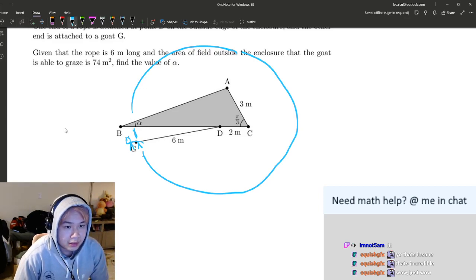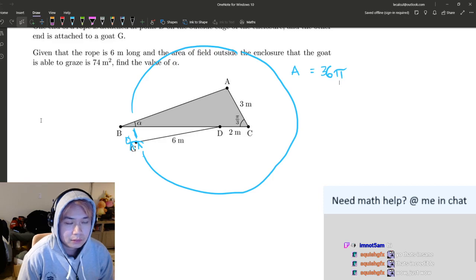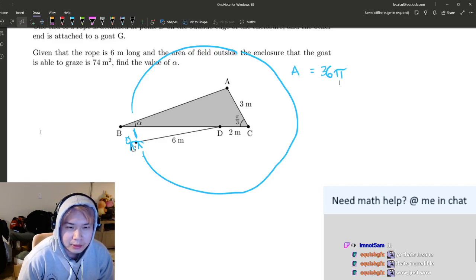The area of the circle is pi r squared, so it's 36 pi. And then can I do some geometry stuff?